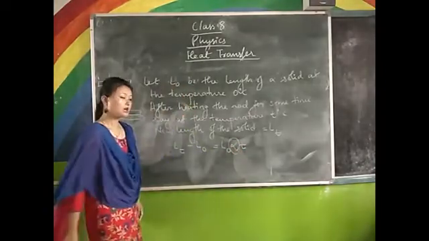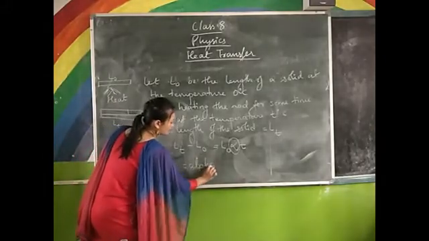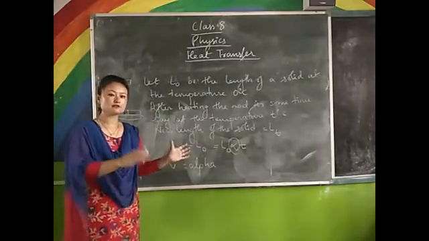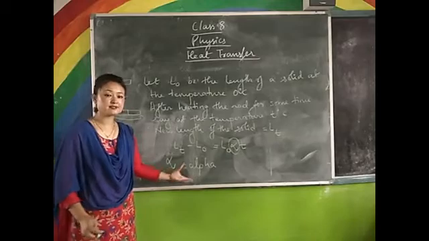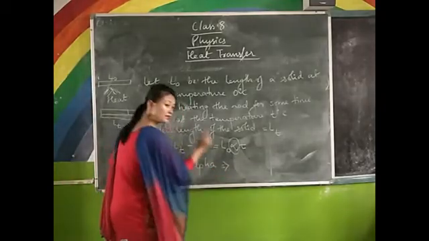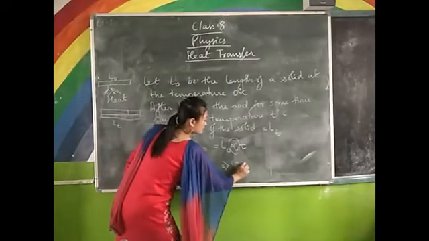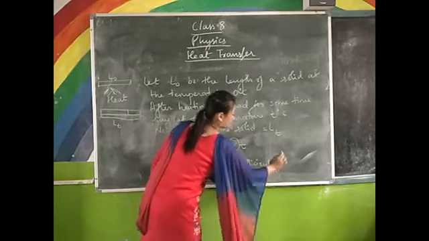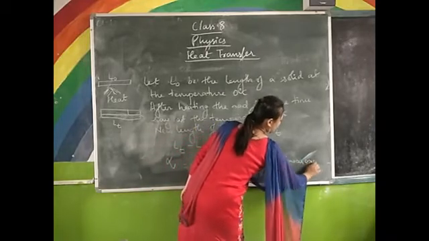And this is a Greek symbol called alpha, which you must be aware of. This alpha is used as a symbol for many other quantities. So alpha here represents the linear expansion coefficient. This alpha in this particular expression represents the coefficient of linear expansion.